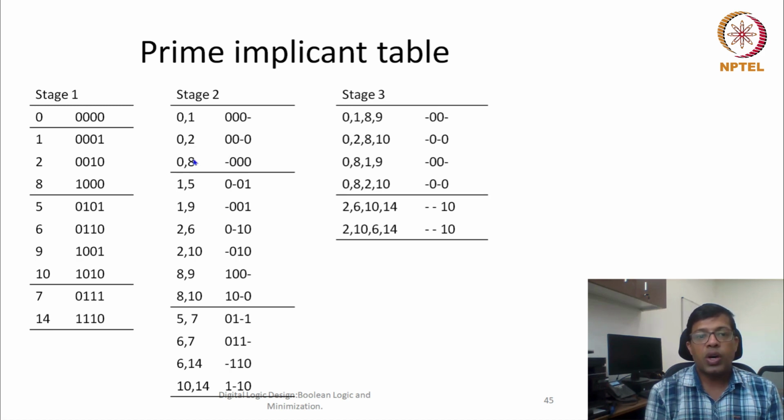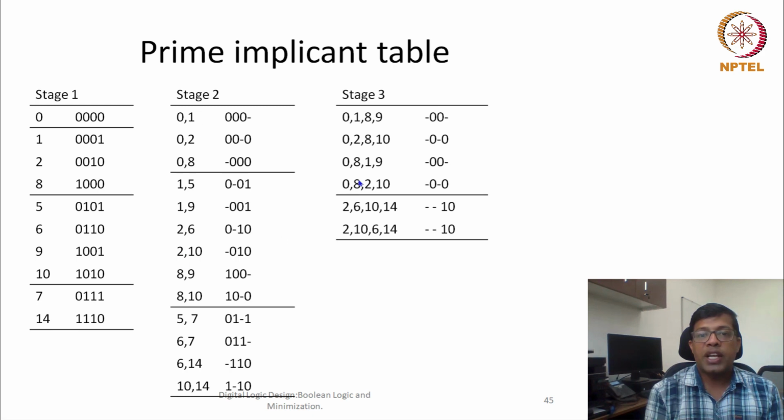0 1 2 6 cannot be combined. 0 1 2 10 also cannot be combined for the same reason, but 0 1 and 8 9 can be combined because, first of all, dash is appearing at the same place and there is only one variable difference, between 0 and 1.